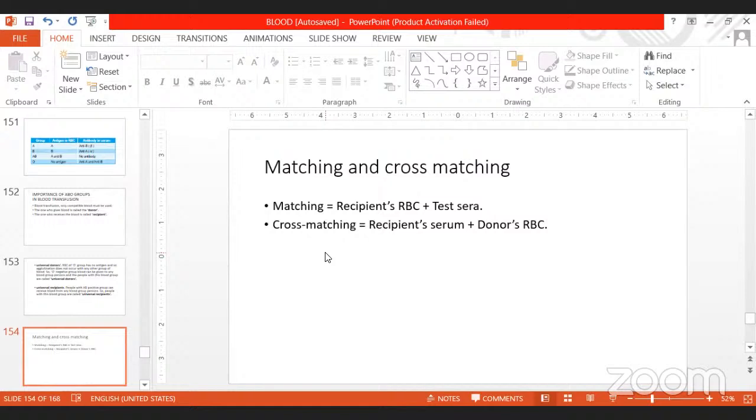For matching, we have to mix the recipient's RBC with the donor's serum. And for cross matching, we have to check whether the recipient's serum and the donor's RBCs are matching.